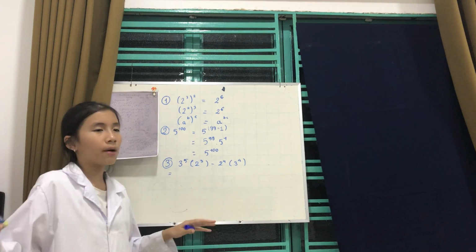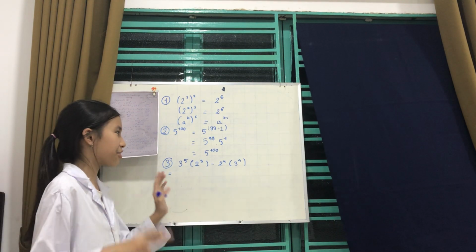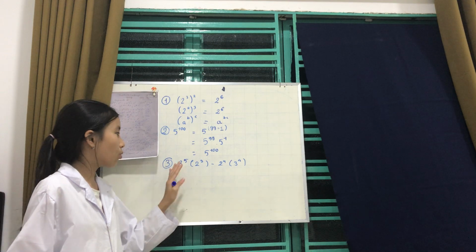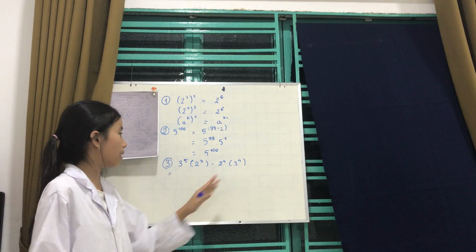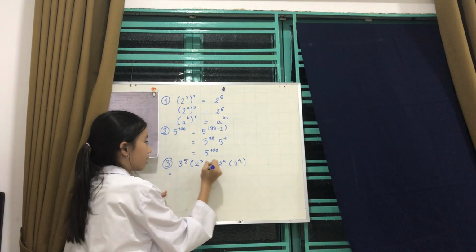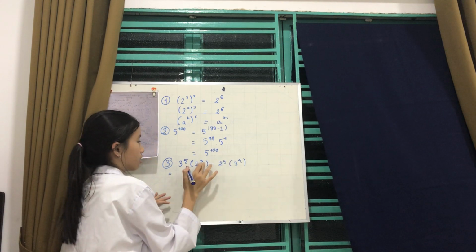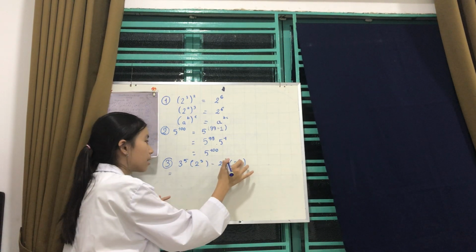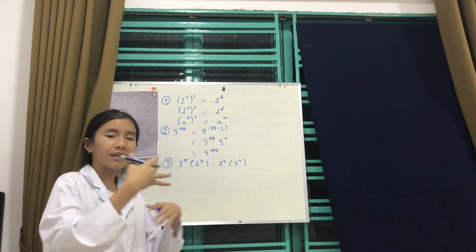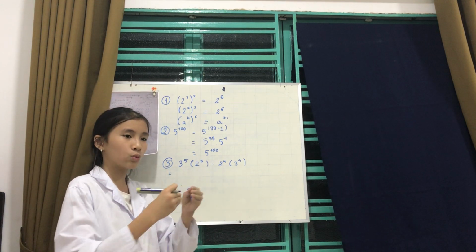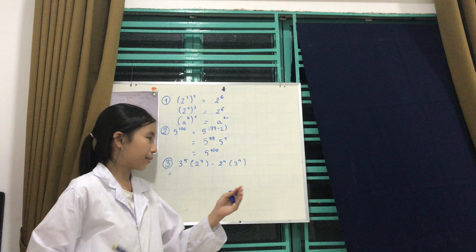For this problem, at first glance, there's nothing in common, right? But if you look closely at the problem, there's the 5 and the 4 in here. There's 3 and 4 in here. What does that have in common? Well, they all have 1 unit difference from each other.